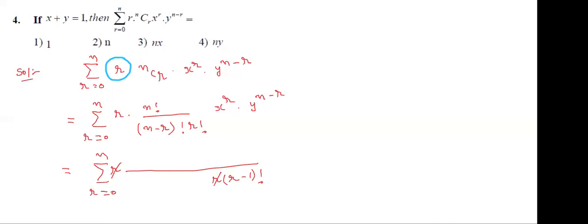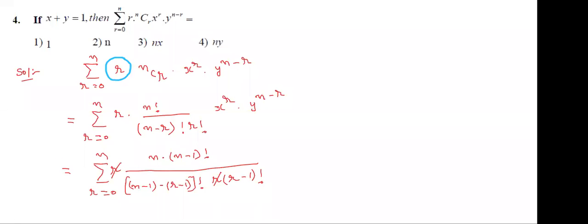And n factorial I am going to write as n into (n minus 1) factorial. In the denominator, (n minus r) factorial is there. That I am writing as (n minus 1) minus (r minus 1) factorial. This is (n minus r) factorial only, inside the bracket adding 1, subtracting 1.